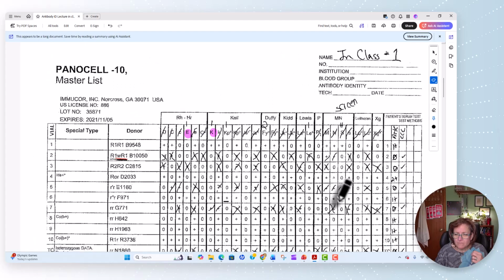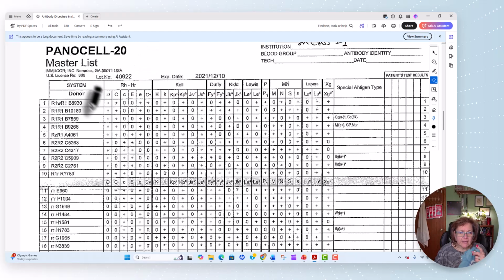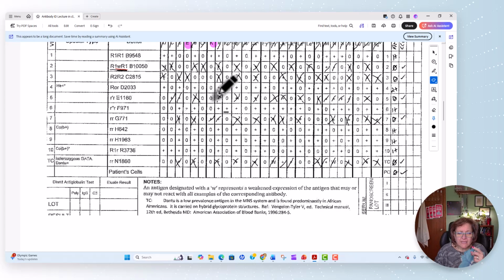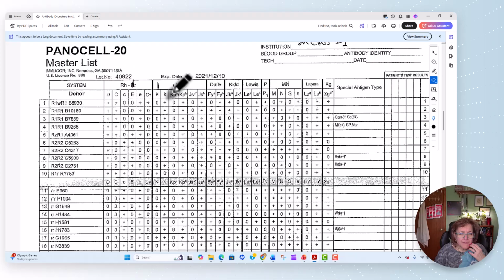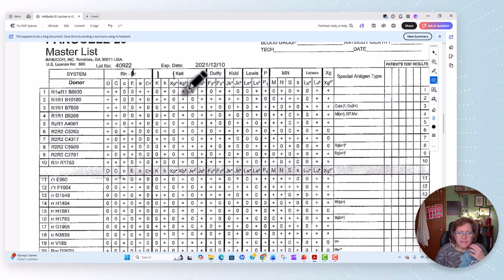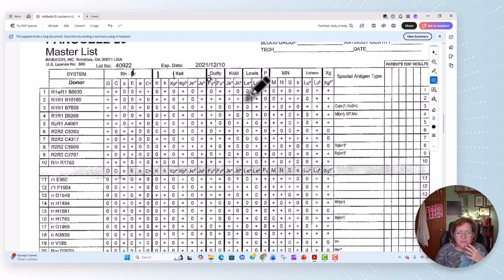Okay, so I need a big E and a big K. So I'm going to go over here and I'm going to need a big E. I need a big K. I need a KPA. We need 2 Duffy A's, so we think it's Duffy A's. So we're going to put the 2 there. A Lewis B. Lewis B or Lewis A? Lewis B.